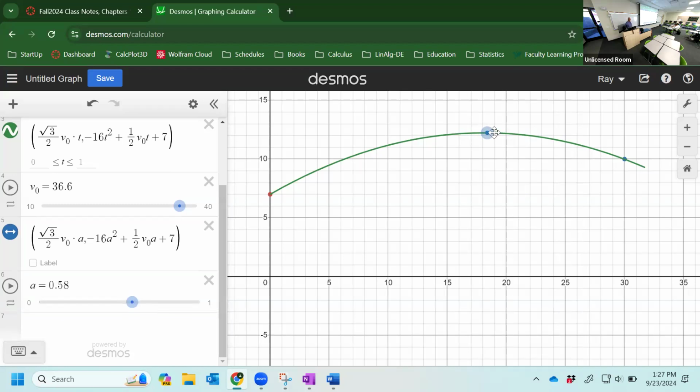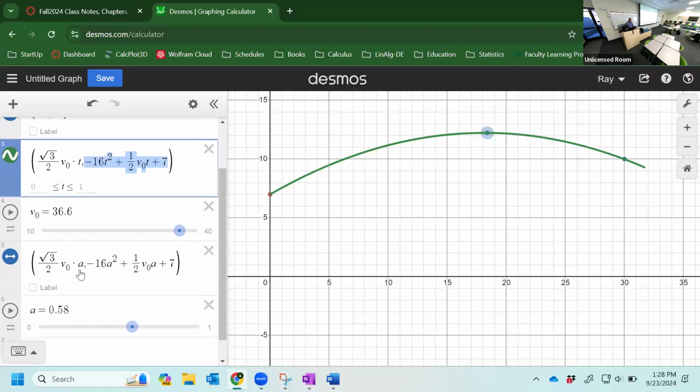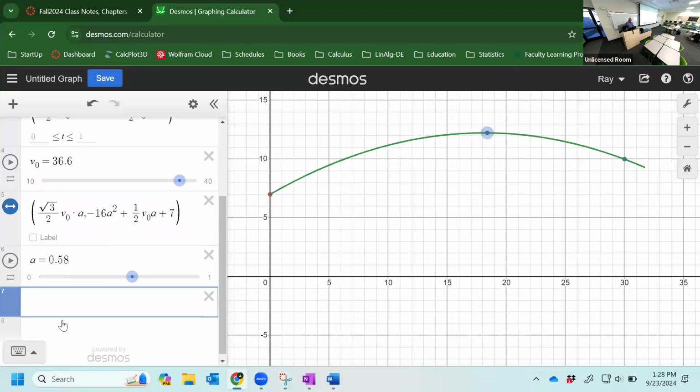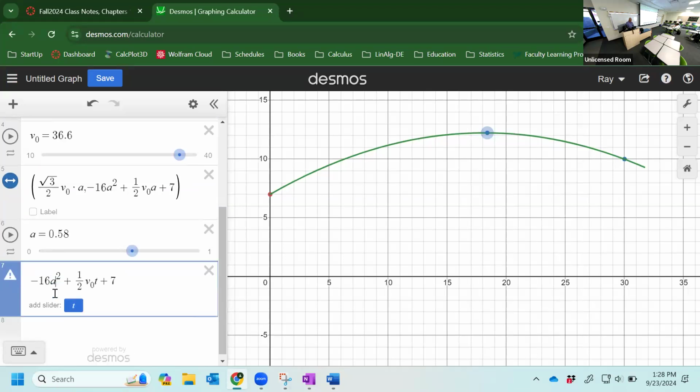And then if we put 5.8 into the position function, this is our position function, we got the maximum height of about 12.23.